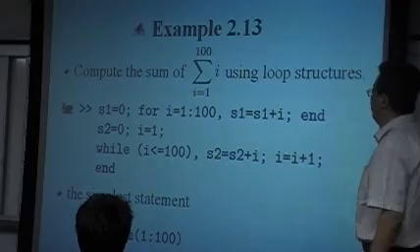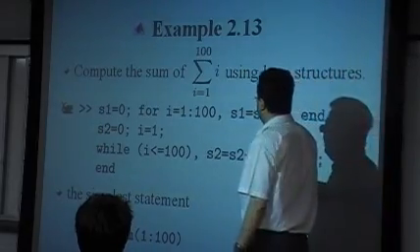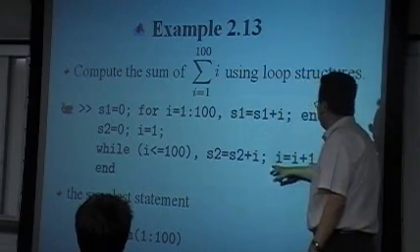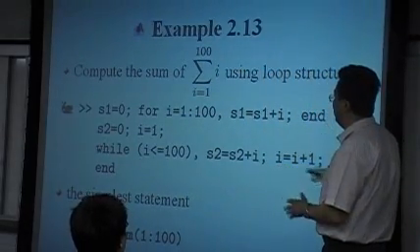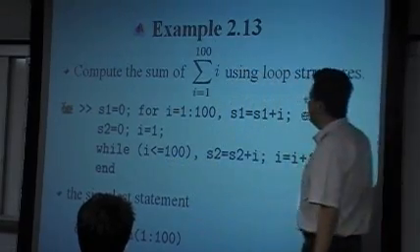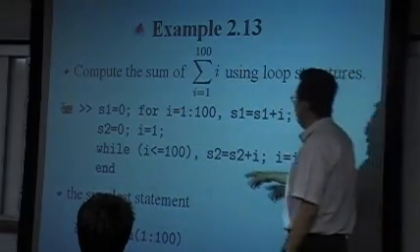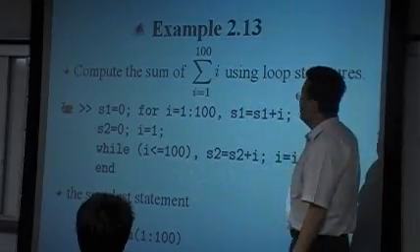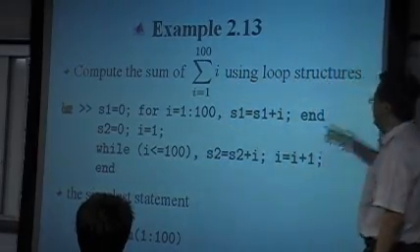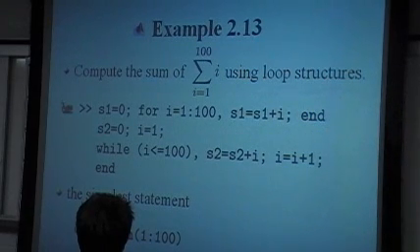If it is, then we can add it into s2 and add i by 1, and then we can continue to loop until this condition is not satisfied, which means i is larger than 100, which is not needed to be added to the sum. So using the same structure, we can obtain the sum as well. So we can get the same result.